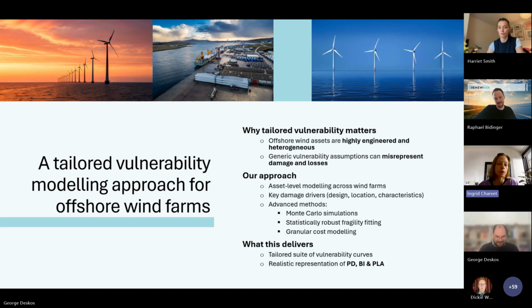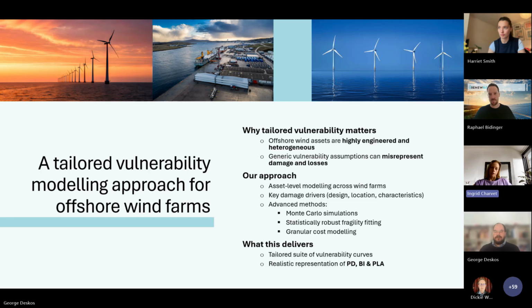Now what we're going to do is dive a little bit deeper into our vulnerability modeling approach, specifically why tailored vulnerability matters, which Yorgos already touched upon, but we'll go a bit deeper, what our approach consists of, and what this actually delivers for the end user.